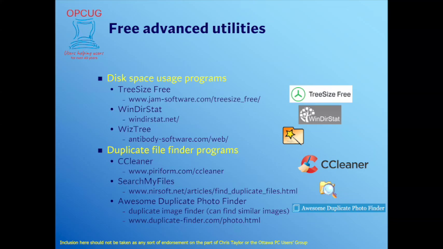And then Awesome Duplicate Photo Finder is kind of neat because not only can it find duplicate files, it can actually find similar image files. It's awfully slow to run, but if you've done a minor edit to some photo and you have the original and then a couple of edited versions, it might flag them as being all essentially the same photo, and then you can decide maybe there are extras around that you don't need anymore.